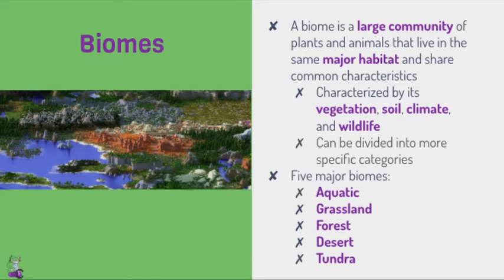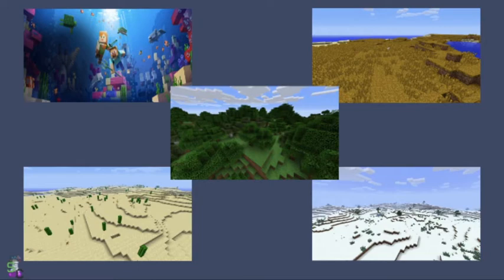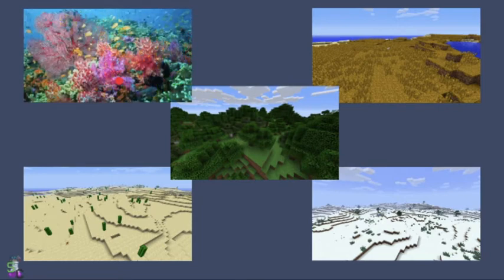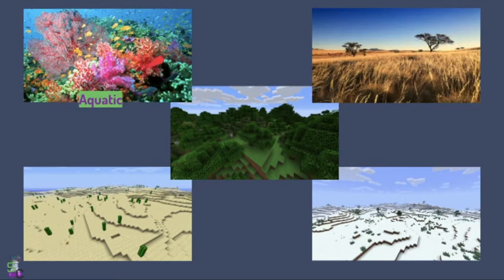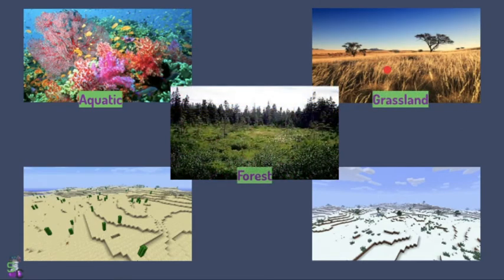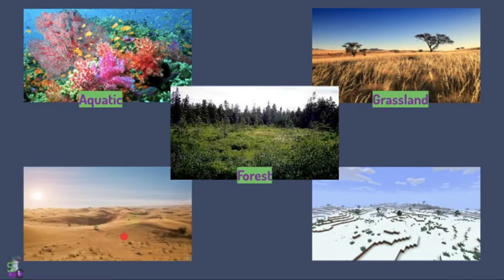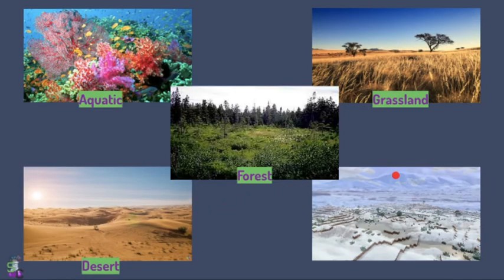This is just one example, but just keep in mind that each biome is different and each organism is adapted to their biome. And here we have some examples of biomes, some in Minecraft. We have our aquatic biome right here, and we can see that's the coral reef. Then we have our grassland biome right there. Then we have our forest biome, and we have our desert biome and our tundra biome.